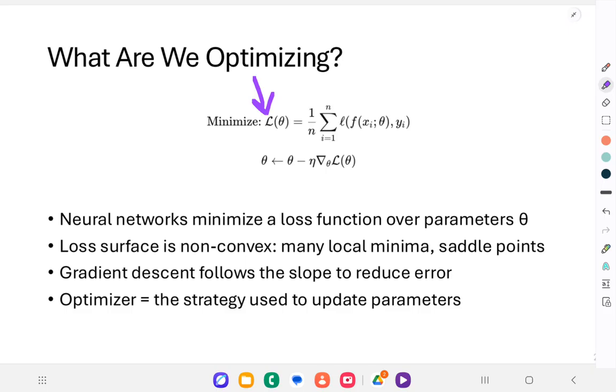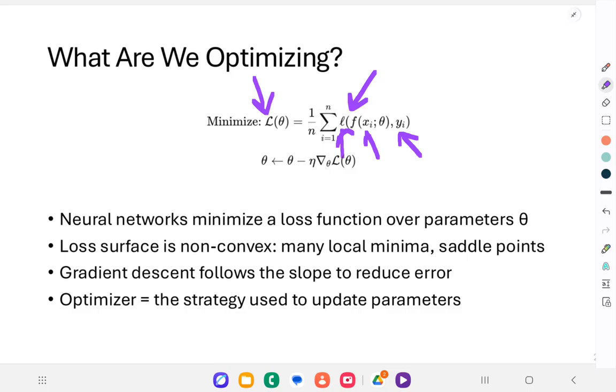The function f is our neural network's prediction of input xi. These are our inputs. And the L is the loss between the prediction and the true label yi, the ground truth. As we've seen last week in classification, we could use things like cross entropy, or the mean squared error for regression, as a loss function.